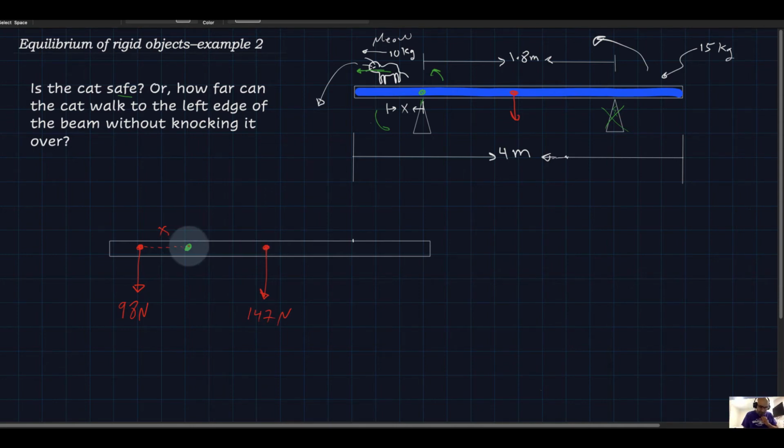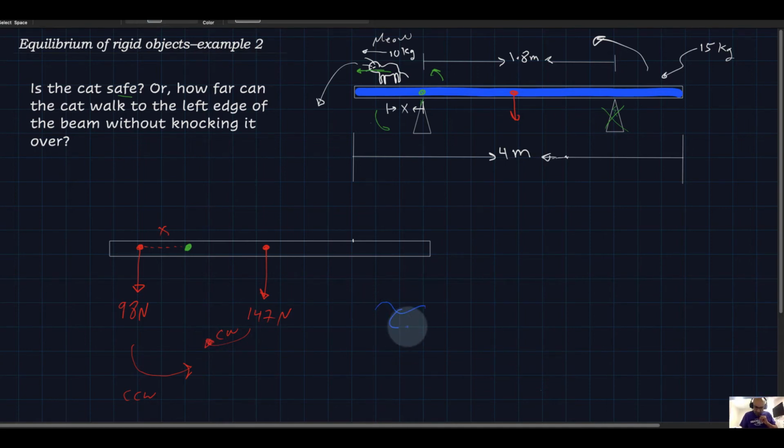So if this was the axis of rotation, and this is going to try to rotate it this way, that's counterclockwise. And this one here is going to try to rotate it this way, and that's clockwise.